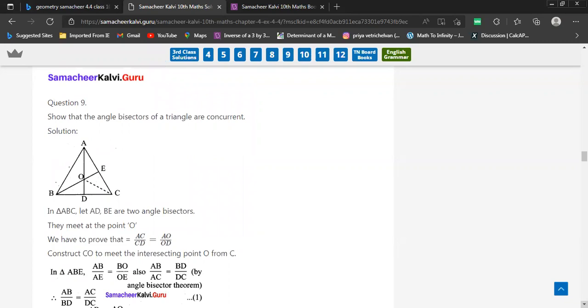Okay, concurrent triangle. Show that the angle bisectors of a triangle are concurrent.